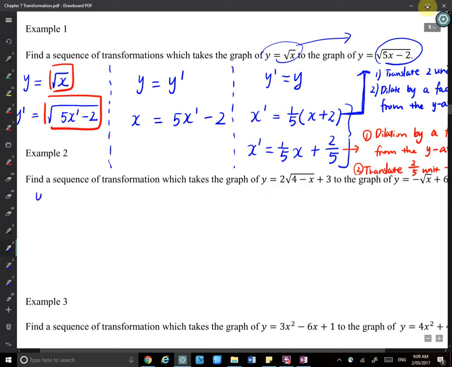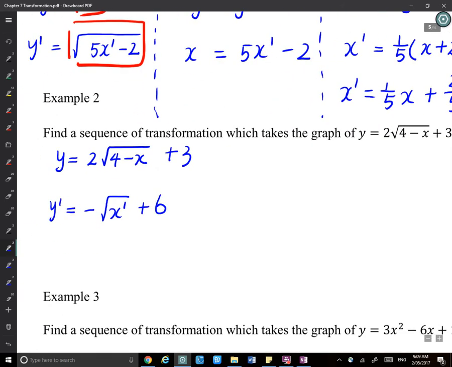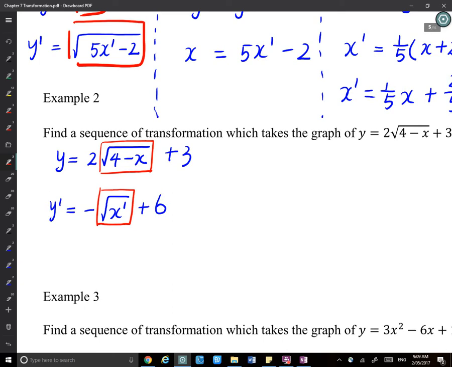So in this case, y equals 2 square root 4 minus x, plus 3, is the original one. And then y dash equals minus square root x dash plus 6 is the new one, the resultant one. Because that's a square root model again, only the square root can stay on the right.